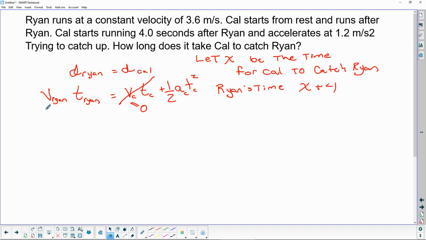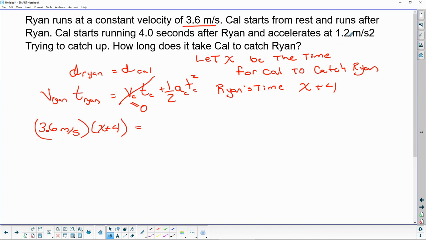So Ryan's velocity was right here, 3.6 meters a second, times his time, x plus 4. And then we're going to get the acceleration. I'm going to just divide by 2 at the end, or you can multiply by 1/2, doesn't matter.